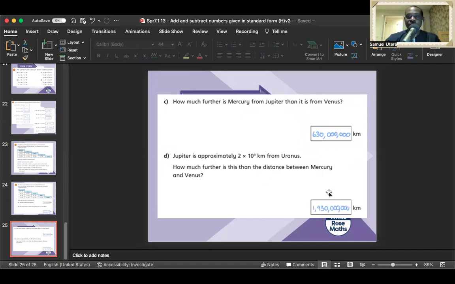So what have we learned so far? We have learned that you can add or subtract numbers in standard form. If the powers are the same, you can simply add the first numbers, which are written next to the power in the standard form number, and then the power will be the same in the answer.